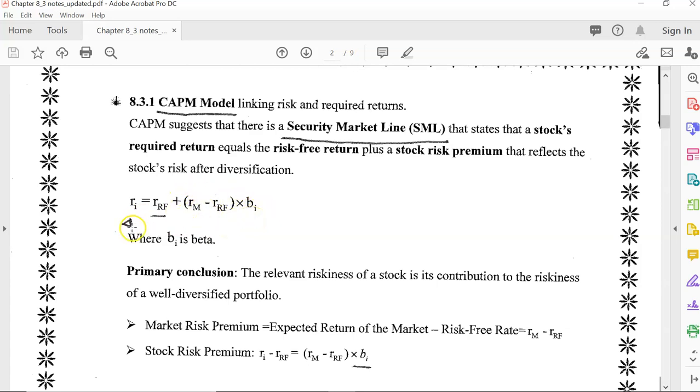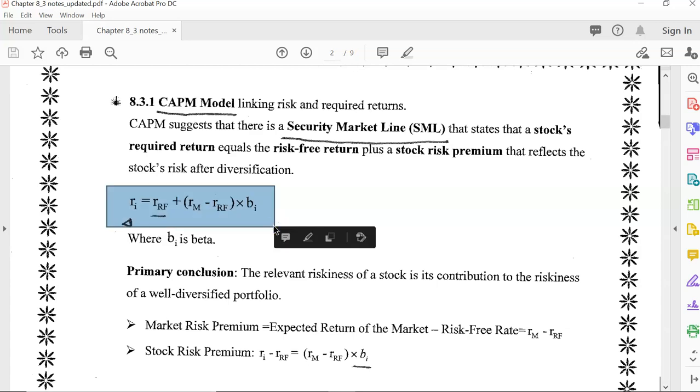So the stock return RI equals the risk-free rate plus the market risk premium, which is market return minus risk-free rate, multiplied by beta. Here we have the CAPM model, the capital asset pricing model, to evaluate stock return if we already know the risk-free rate, market return, and beta. We can use this model to calculate stock return.